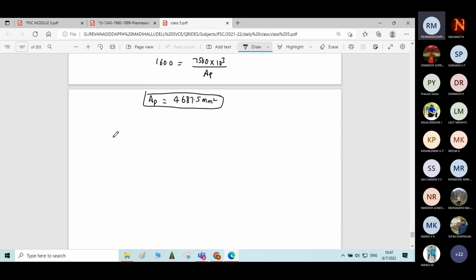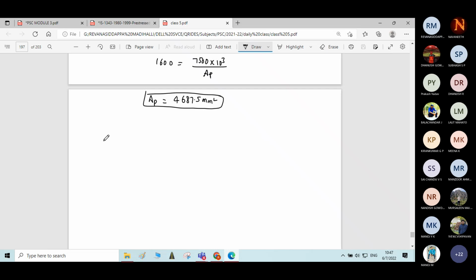In the examination, it is better to follow from the first step only. Assuming depth of neutral axis lies within the flange, you perform the calculations, then check whether the assumption is correct or not. Then you proceed for finding the moment of resistance.